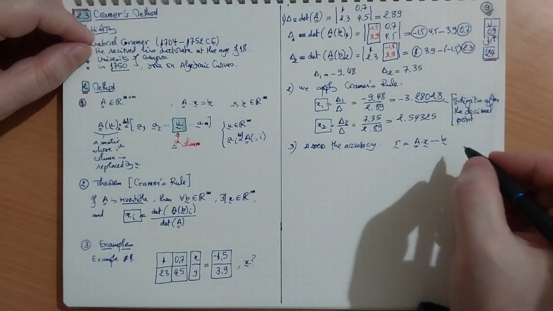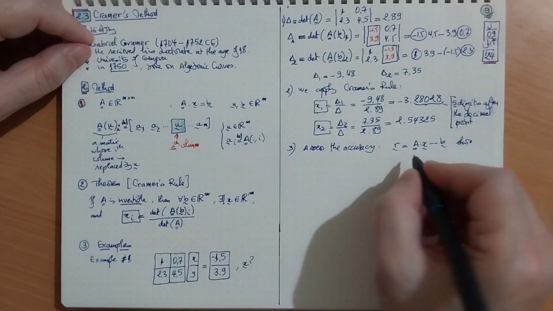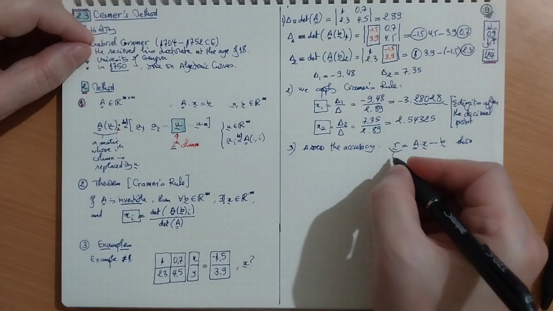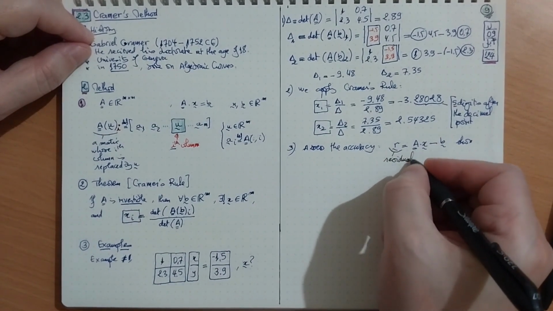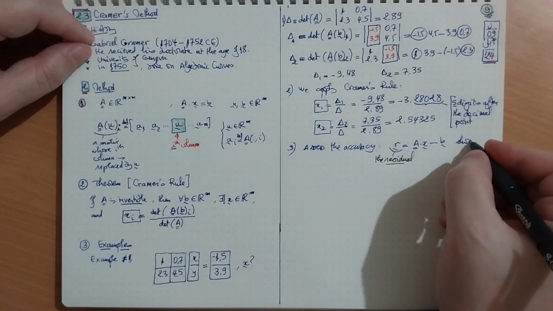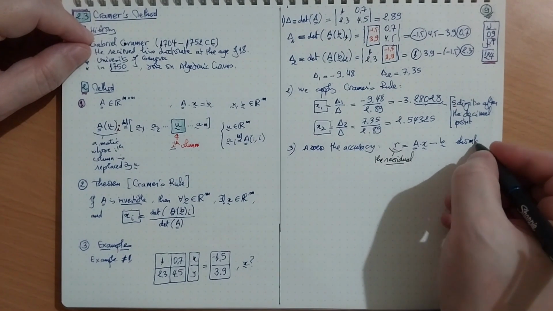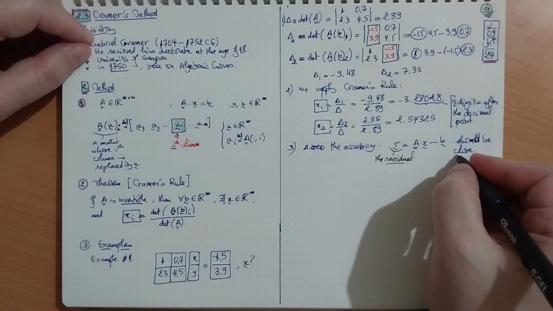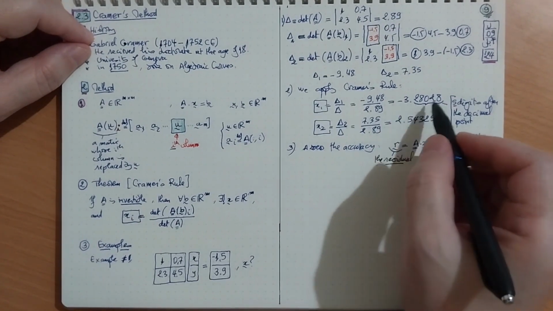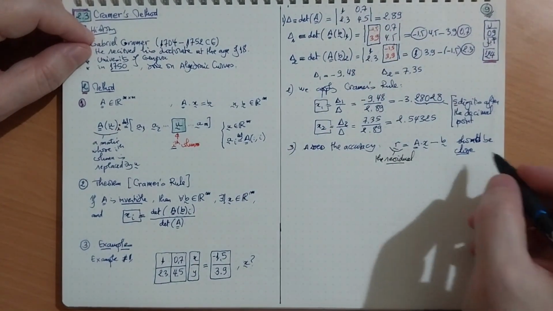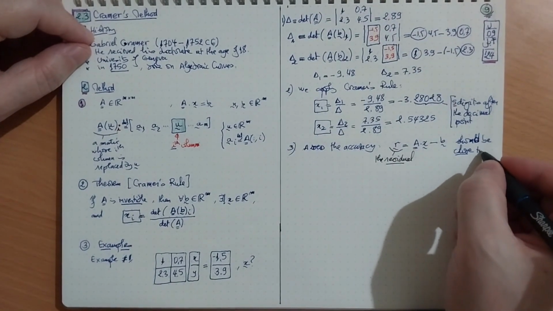This is called the residual. The residual should be close, not equal, but close, because there is an error, a round off error when we perform the division and when we calculate also the determinants. Should be close to the vector 0.